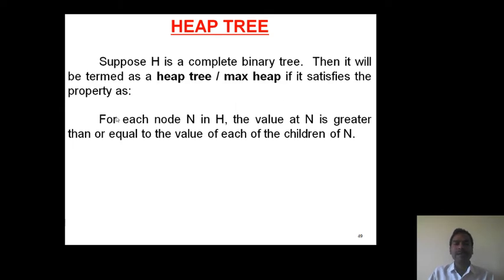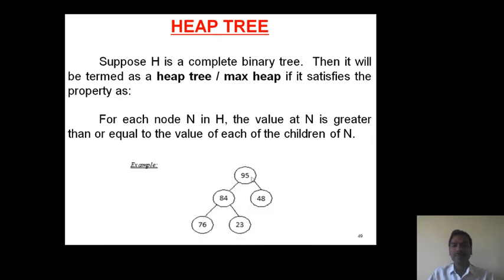It satisfies the property that for each node n in H, the value at n is greater than or equal to the value of each of the children of n. So the parent value is greater than the child value. This is the basic principle of max heap.